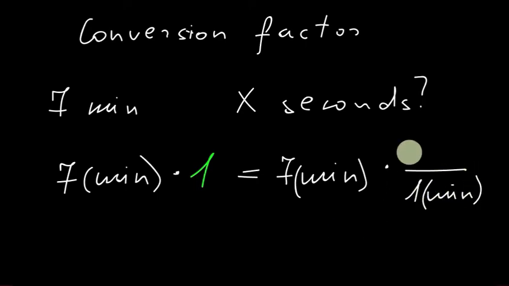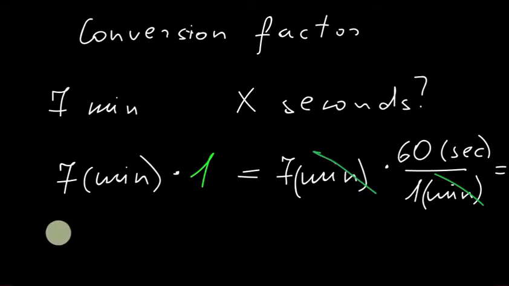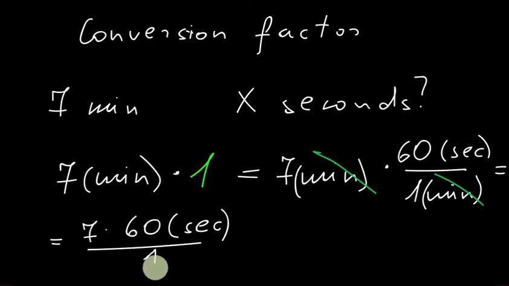So 60 seconds here. Because you know that 1 minute has 60 seconds, this is basically 1, right? Now, we can simplify minutes here, and we get that this is equal to 7 times 60 seconds divided by 1. And this is, in fact, 420 seconds.